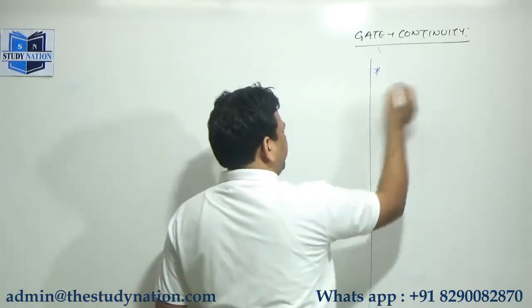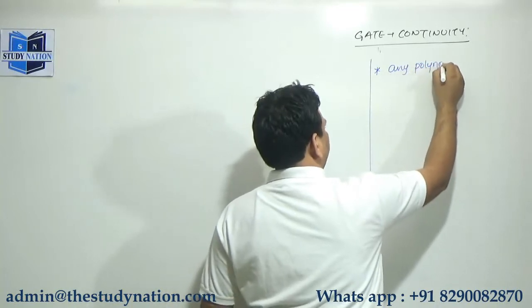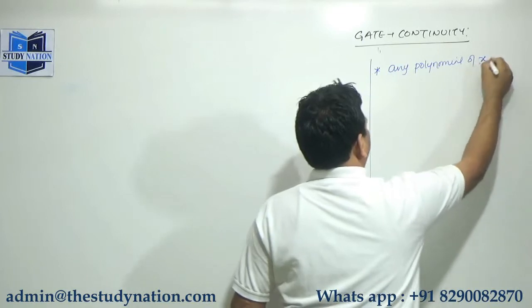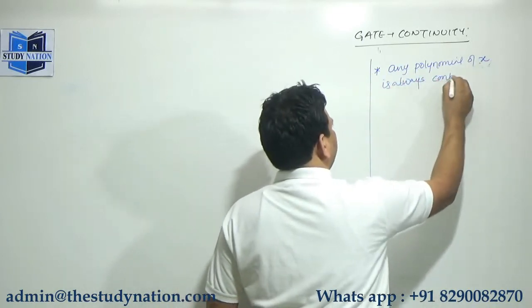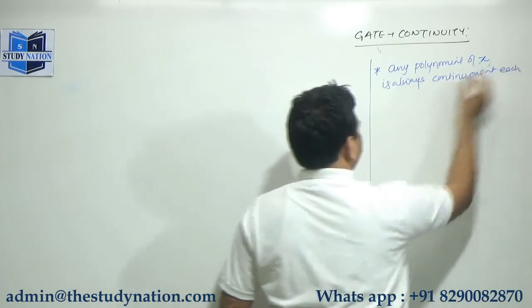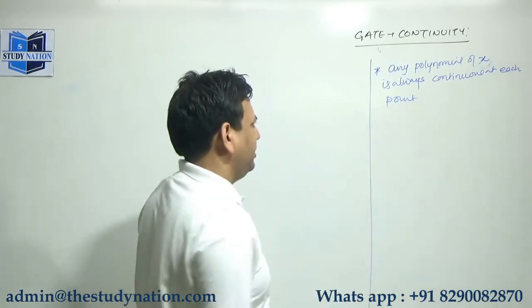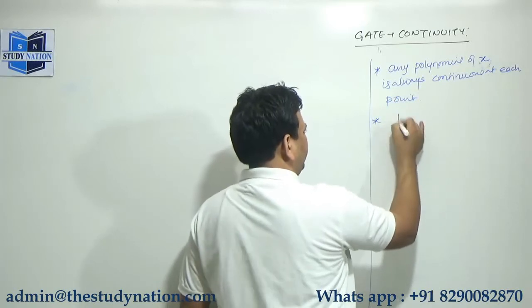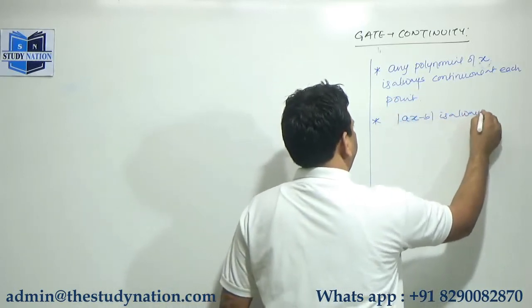So from this we can say any polynomial of x is always continuous at each point. Mod of ax minus b is always continuous.